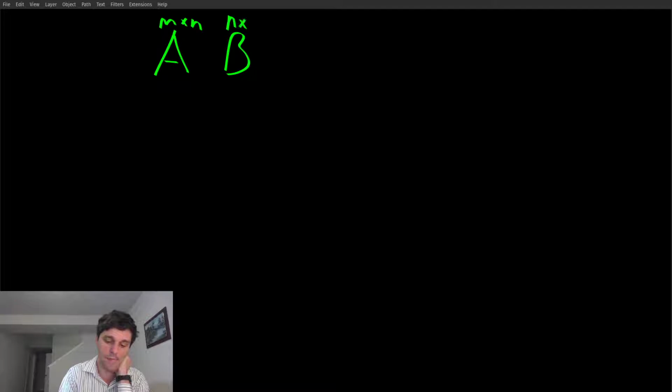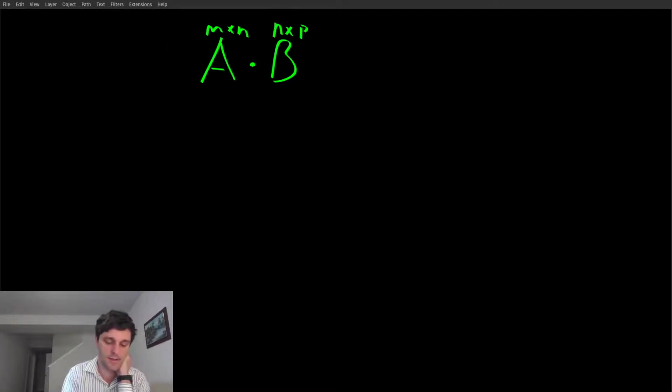But the general definition of matrix multiplication is if you have some matrix A that's m by n, and you have some matrix B that's n by p, and you multiply these together, you get some matrix C that is m by p.